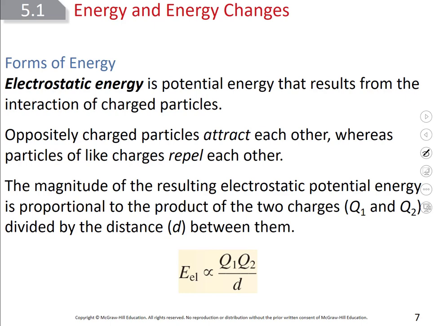Now, what larger things could be charged? Larger than a subatomic particle? Ions. So whether it's a monatomic ion like chloride, Cl-, or sodium, Na+, or a polyatomic ion like sulfate, SO42-. Charged atoms or charged molecules are ions. You can also have electrostatic energy between them.